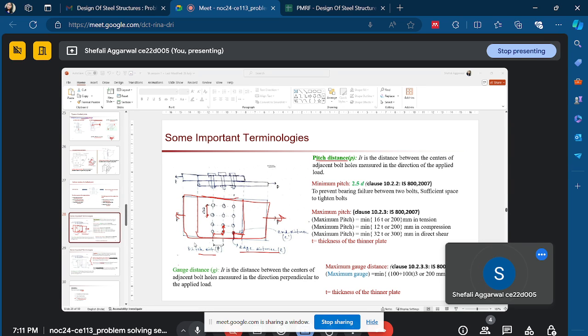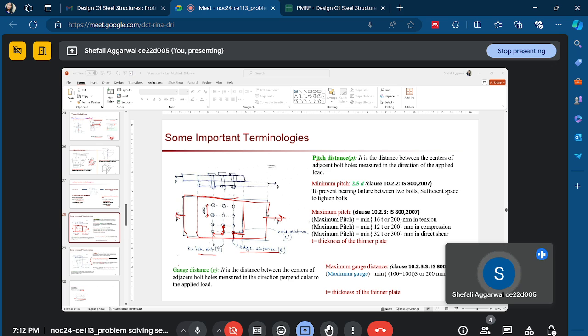So, can you see this page? Yes, ma'am, I can. So there are two plates overlapping each other, and we are connecting them through the bolts. If load is applied in this direction, the distance between two bolts in the direction of load is given as pitch distance. And the distance between two bolts in the direction perpendicular to our force is given as gauge distance. Okay.